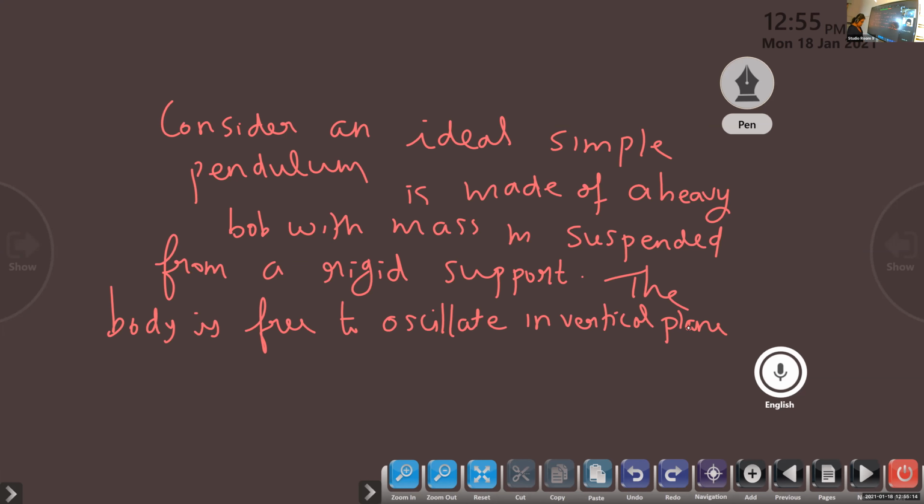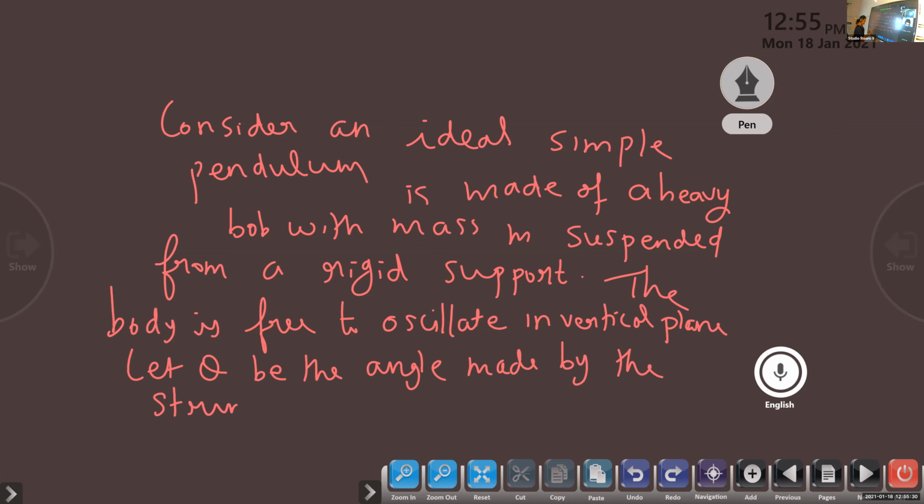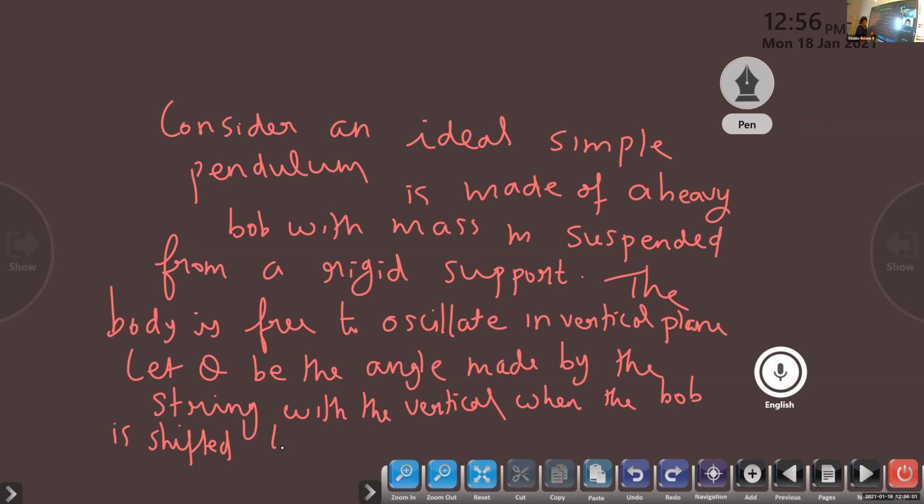Let theta be the angle made by the string with the vertical when the bob is shifted to a position from its mean position. Mean position means the stationary position.